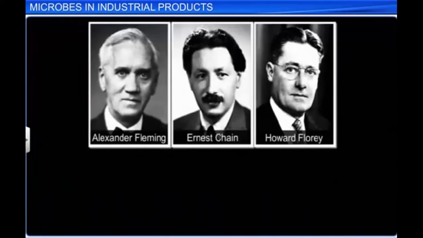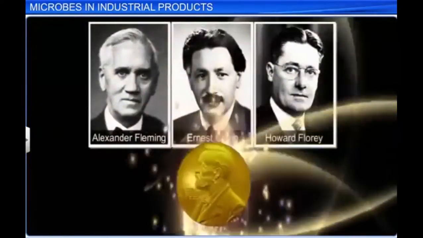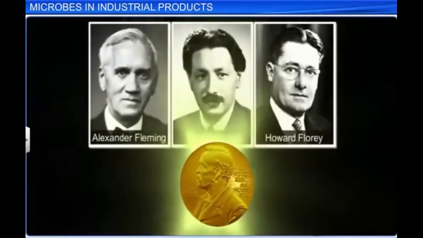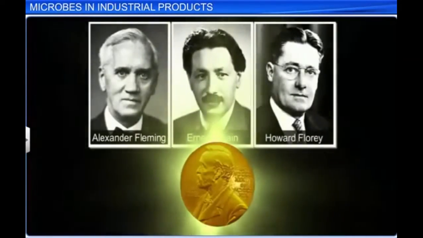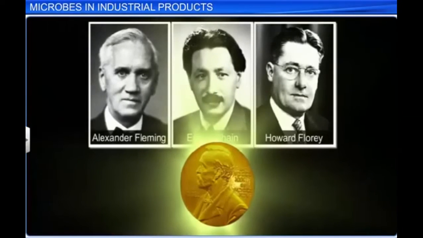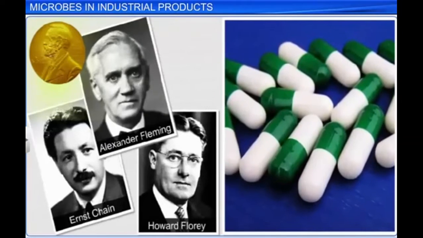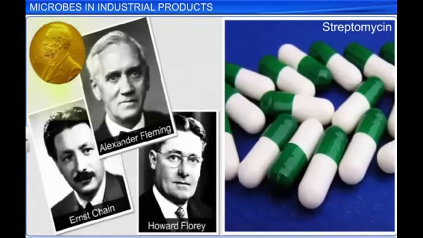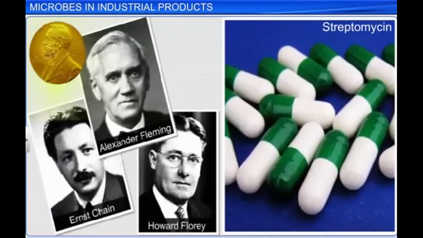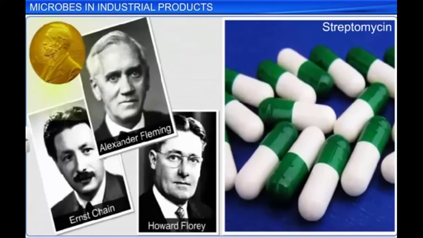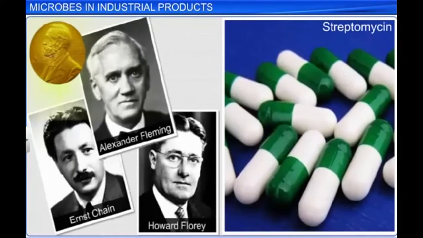For this contribution, both Chain and Florey were awarded the 1945 Nobel Prize in Physiology and Medicine along with Sir Alexander Fleming. After penicillin, other new antibiotics such as streptomycin that was used to treat tuberculosis were discovered.